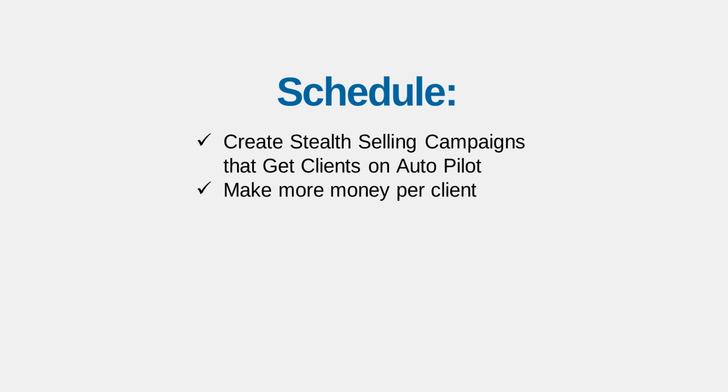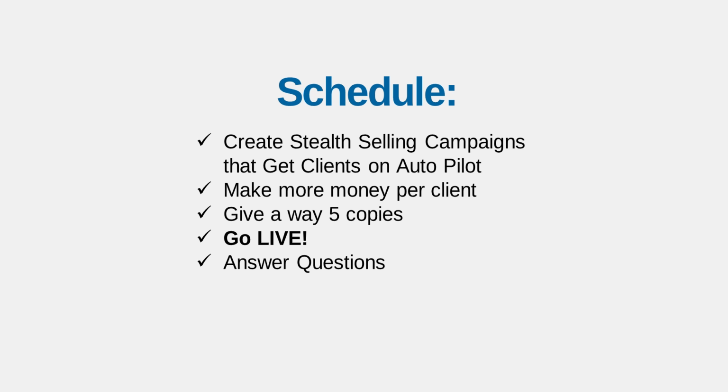Everyone usually sells one thing to a client and then moves on to the next client, but they're really leaving a lot of money on the table, because the real money is had when you increase the lifetime value of every client that you get. Then we're going to go live, and then I'm going to answer questions.